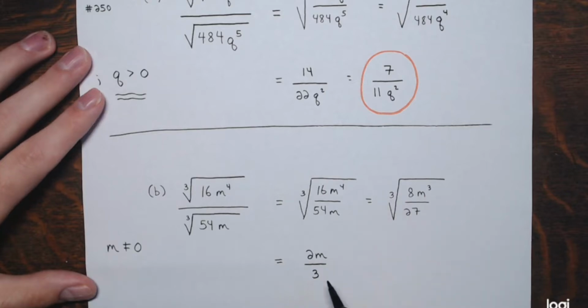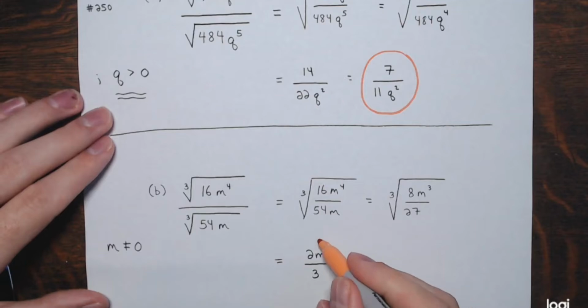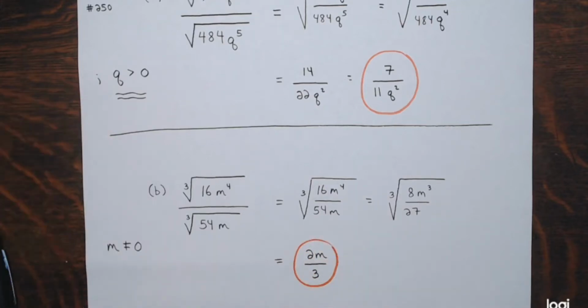So 2 times m divided by 3. Right? Wonderful. And once again, I leave it to you to check out. Replace m with any non-zero number, positive or negative, and see that the value of the original expression is going to be the same as the value of this expression at the end, 2m over 3. Great.